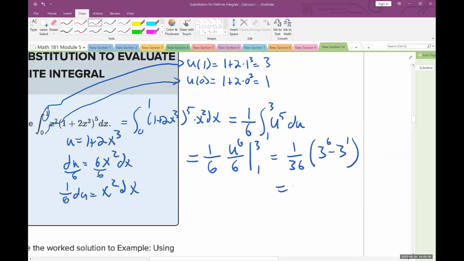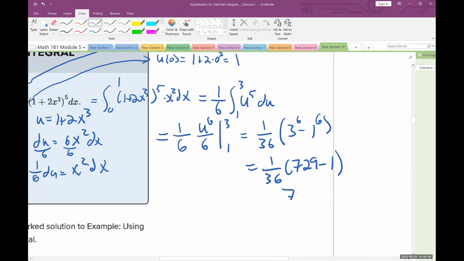And 3 to the 6th, that's one I don't have memorized. That's 729. 729 minus, no, minus 3? No, what is it? It's 1 to the 6th. Man, that's the second time I made that mistake today.